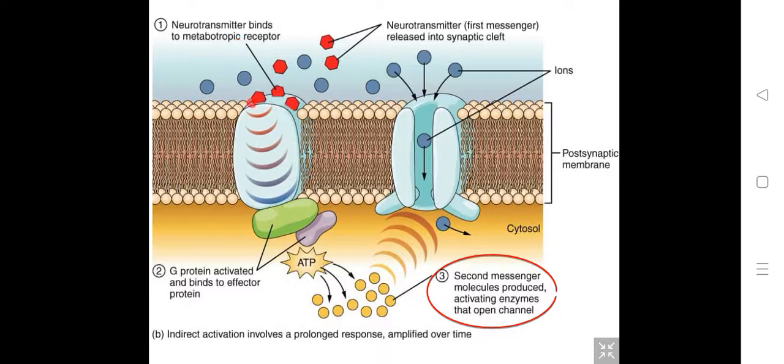It is only when the signal, the neurotransmitter, binds the extracellular side or binds to the specific site that the signal comes to this G protein, and when it activates this G protein, the effector which is bound slides, undergoes a conformational change, and when it undergoes that conformational change, it exposes sites, maybe in here, which will allow ATP to bind, and once that ATP binds, you get activation of the second messengers, which could be in the type of enzymes or other molecules.